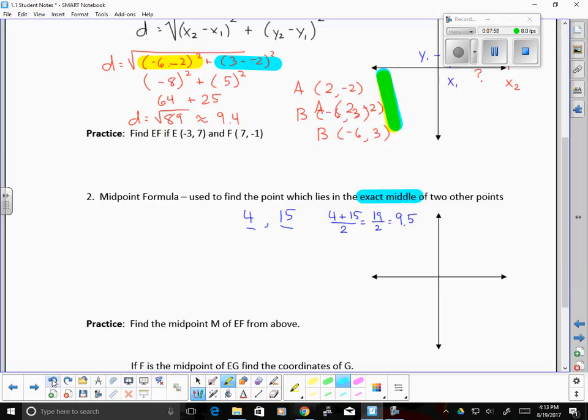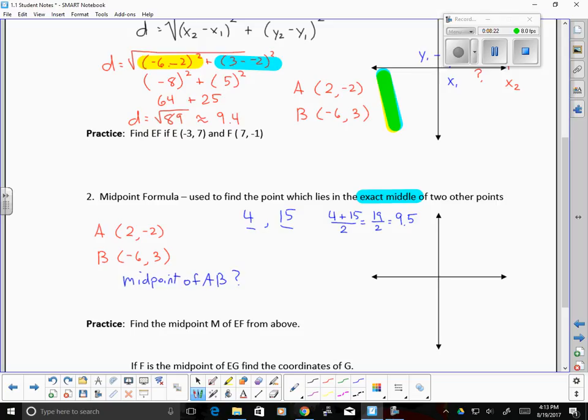Let's see if I can make that work. That didn't work. Try it again. So take these, take them and move them down here. And I want to find the midpoint of AB. Where's the point right in the middle?